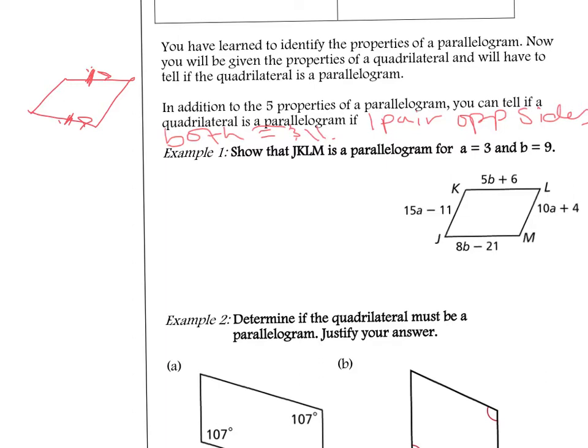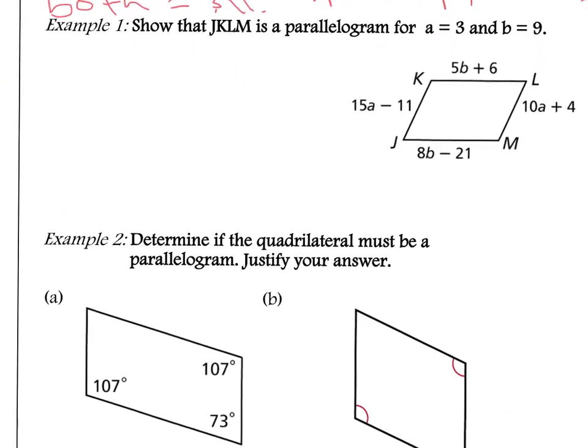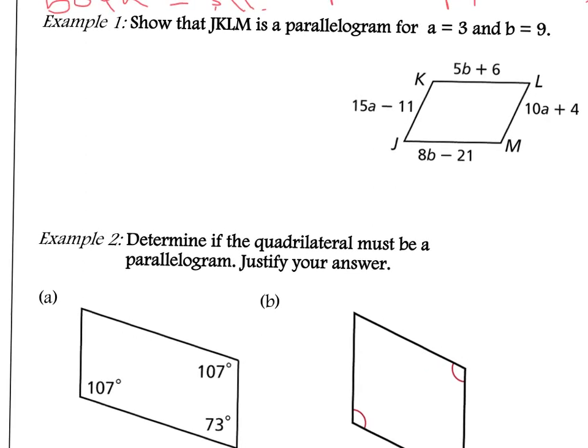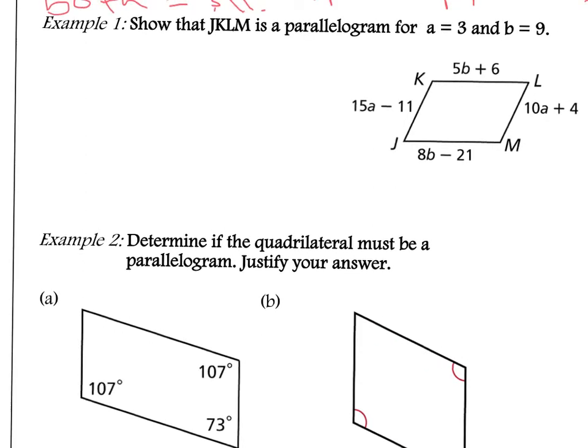Okay, all right, example 1. Show that JKLM is a parallelogram if A is equal to 3 and B is equal to 9. This is just as easy as it seems. All I'm going to do is plug in 3 and 9 and see what happens. So 15 times 3 minus 11 is 34. 10 times 3 plus 4 is also 34.